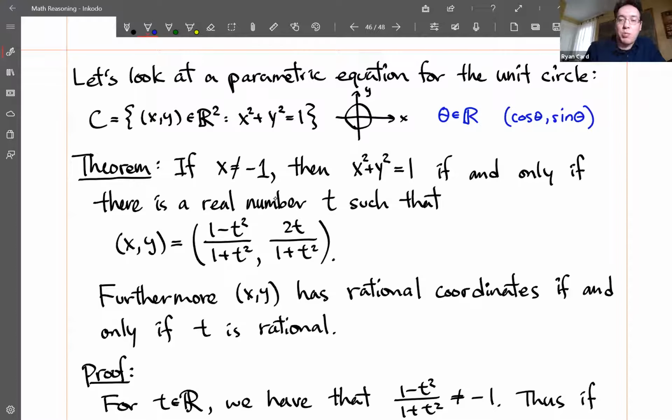So that's one way to do it. But there's a different way to write down points on the unit circle using only one variable. Maybe not theta, but I'll use t this time.